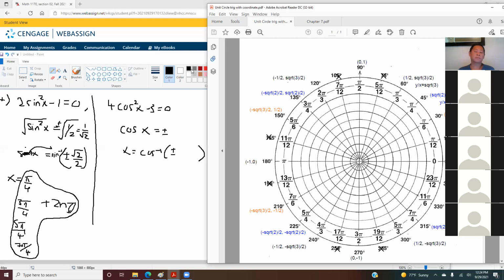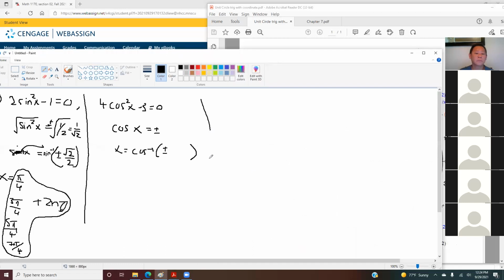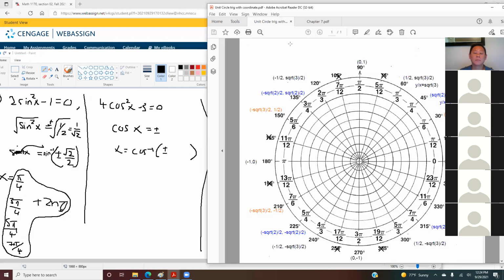Cosine x? Damon, how do you solve for cosine x here?